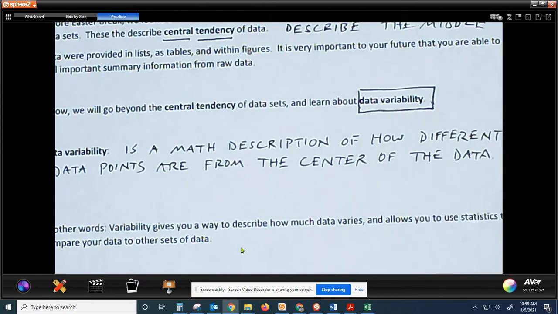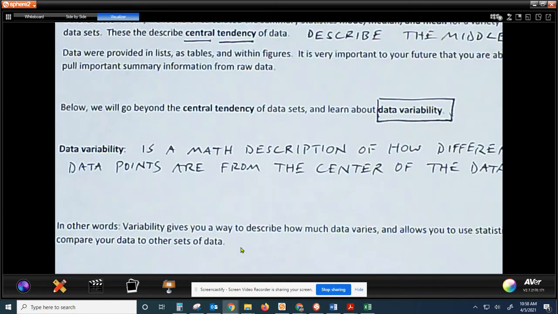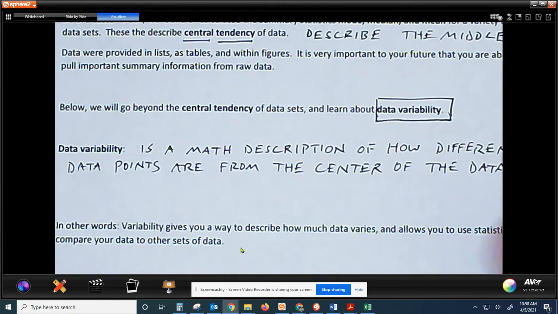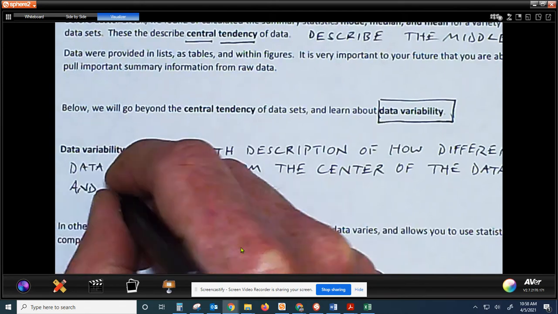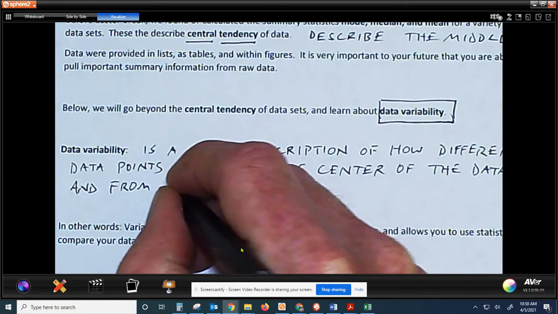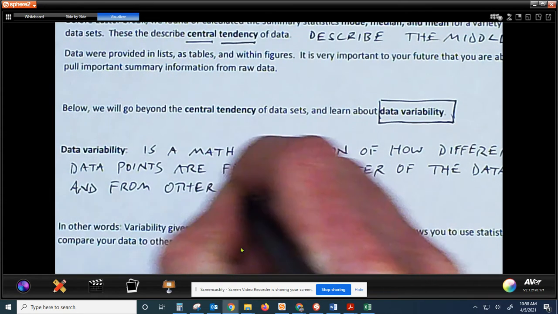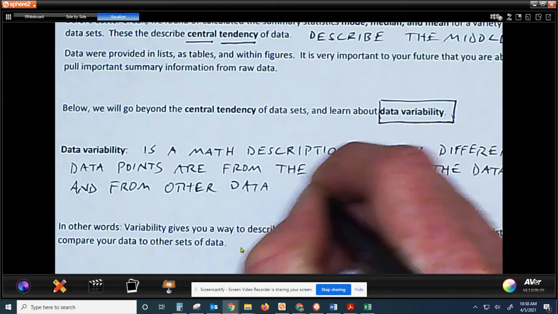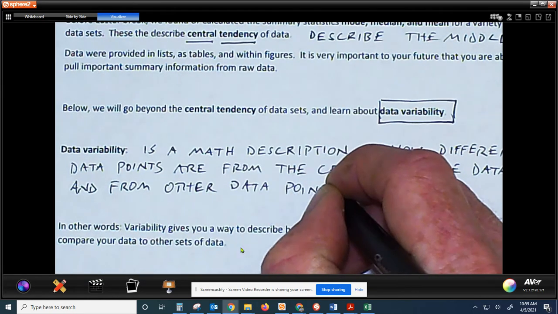And I'm going to give you a little bit more here. Okay, so variability is a math description of how different data points are from the center of the data and from other data points. There's not that many points on this paper to write things down.